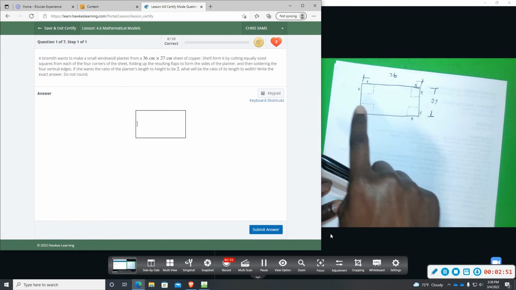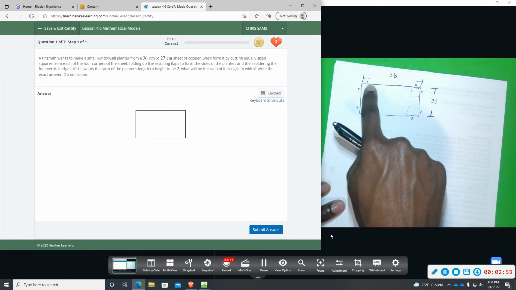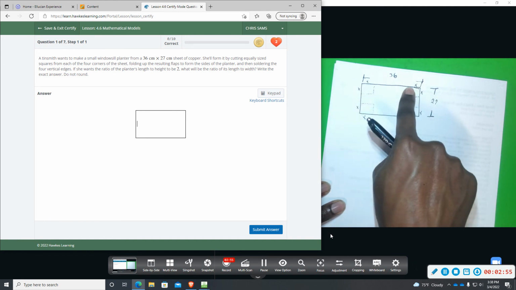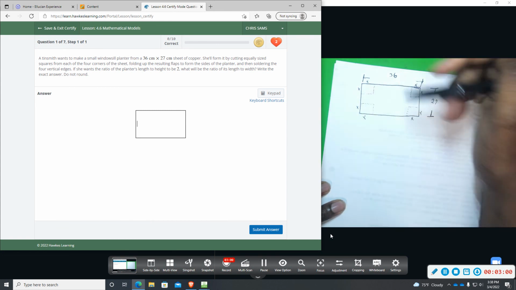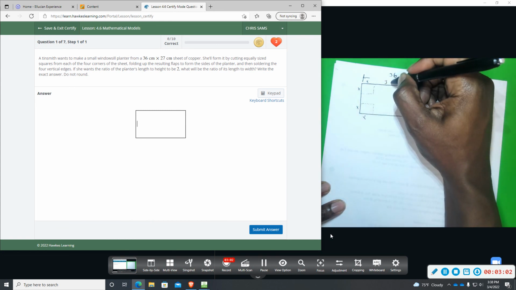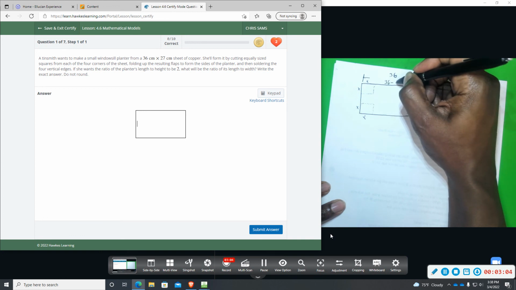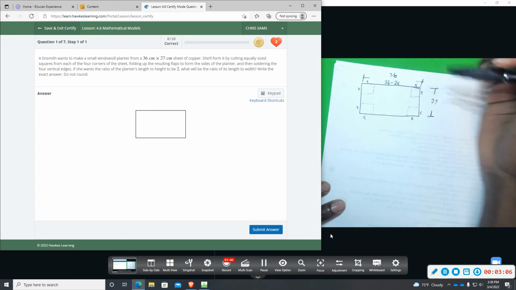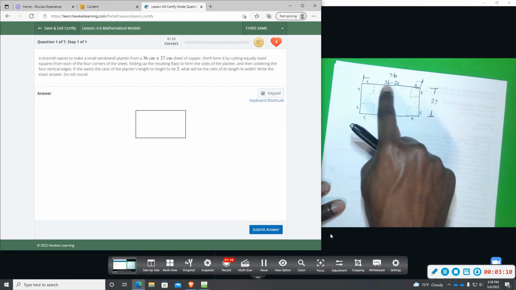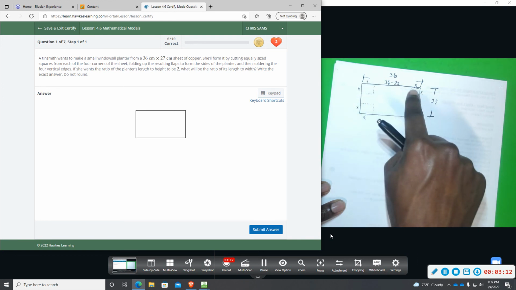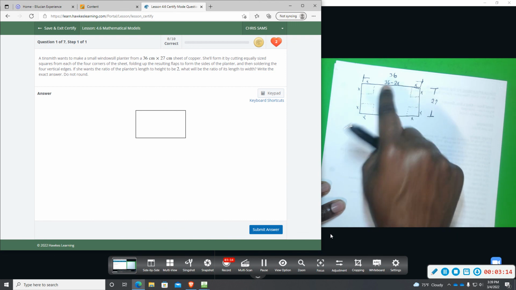Now the actual length of the planter that she's going to be making is 36 minus 2x, because we cut off a length of x from each side. So the side now that's between the 2 squares is 36 minus 2x.